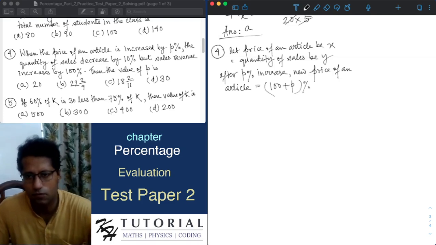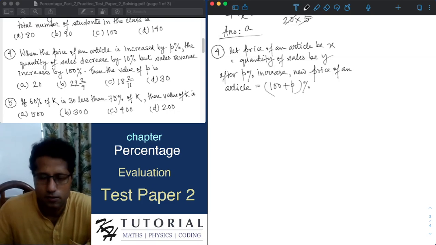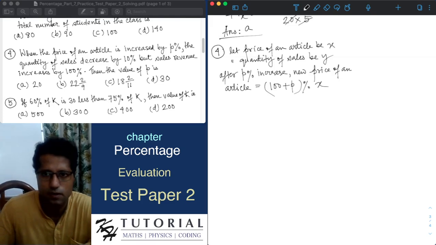The original value here is the price of an article, which we assume to be X. So after the P% increase, the new price of an article is this.